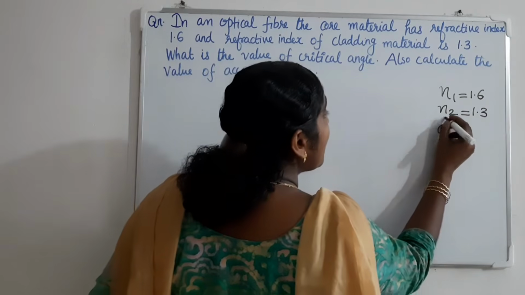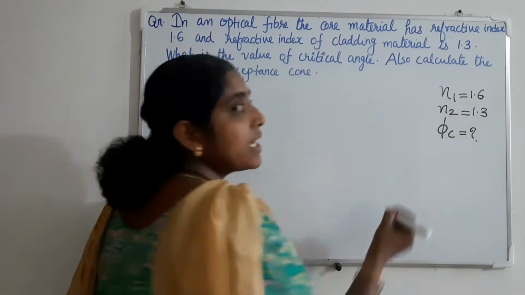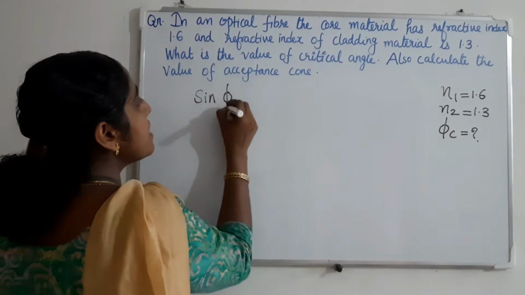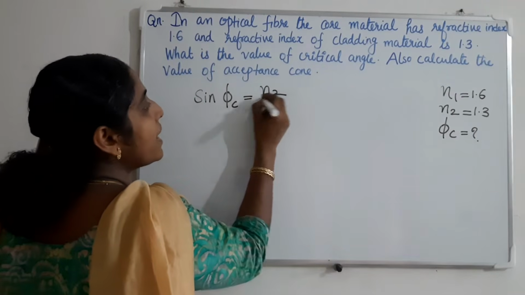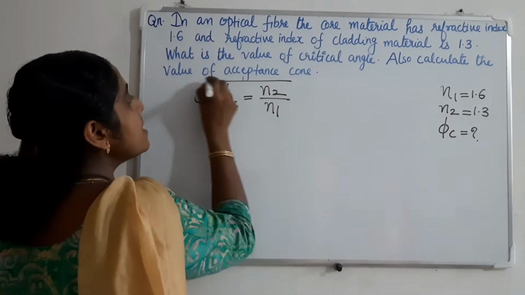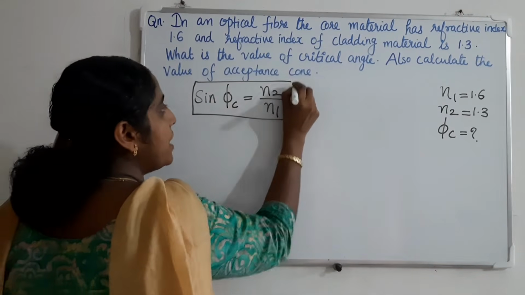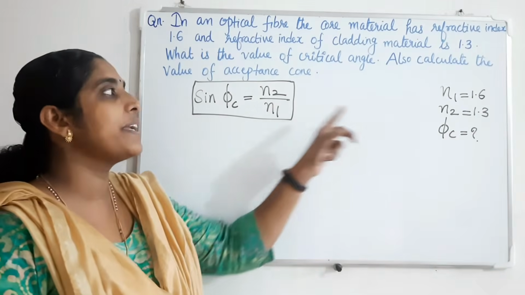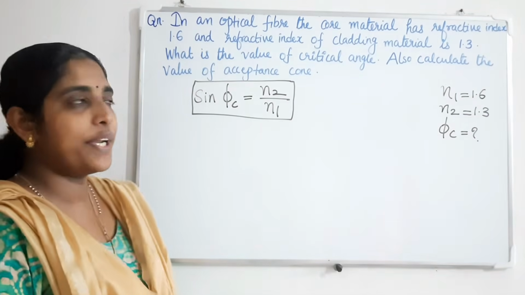We want to find out the critical angle. The critical angle we can find from the expression sin phi c is equal to n2 by n1, where n2 is the refractive index of the rarer medium, here the cladding, and n1 is the refractive index of the denser medium, here the core.